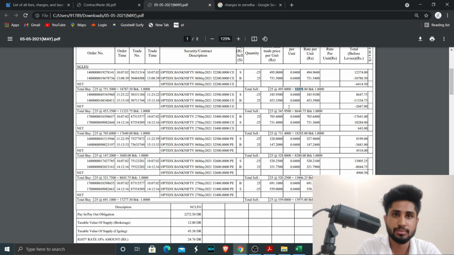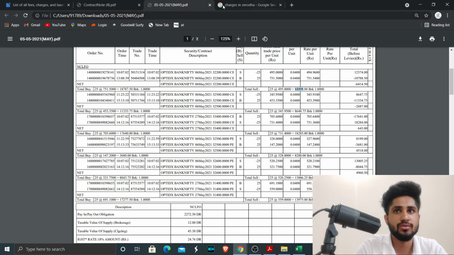Charges will be put on this value. So the turnover charge is on the option premium, not on the option value.